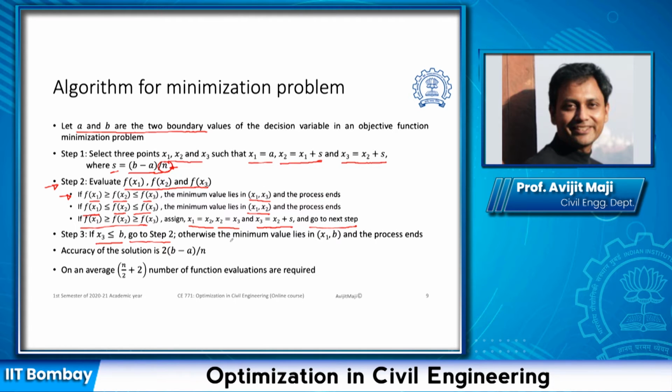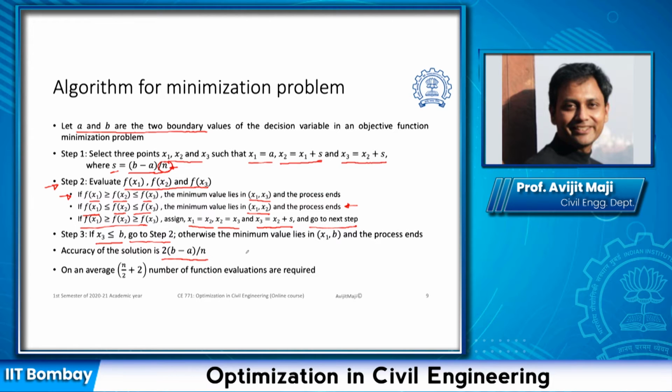Now in this case, as I was indicating, the accuracy is twice the step size, because we are reporting two values which are twice the step size apart, except in one case where it is only one step size apart. So the accuracy can generally be indicated by 2 times (b minus a) divided by n.